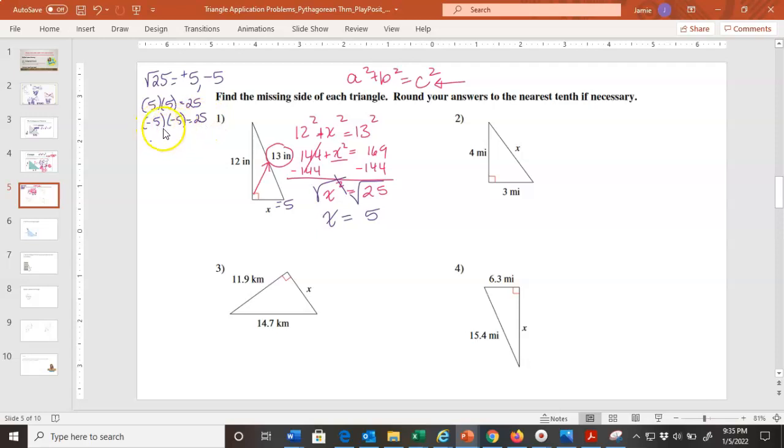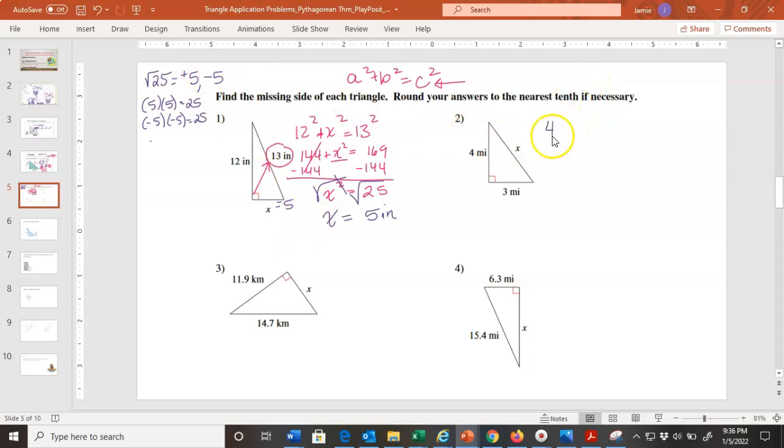There's that square root, those two matching numbers. So whenever you take the square root of a number, you always have two answers, the positive and the negative. But when we're talking about the length of a side of a triangle, are we ever going to have negative length or a negative measurement? No, right? This is inches. So we're always going to have that positive answer.